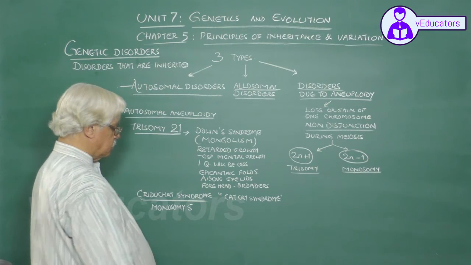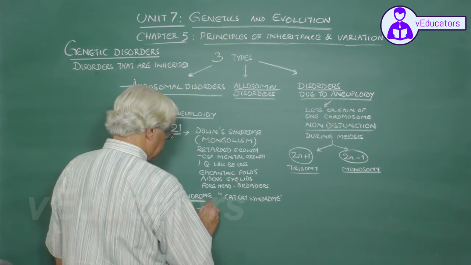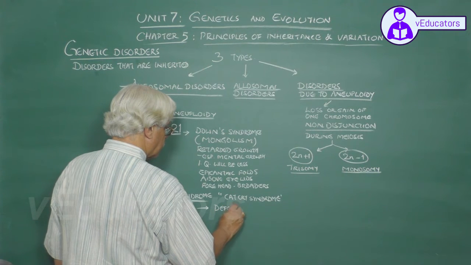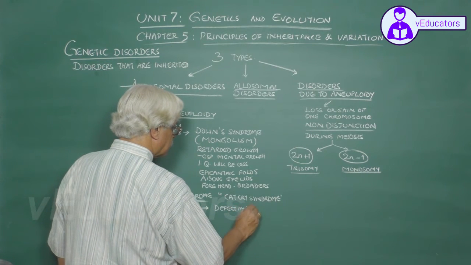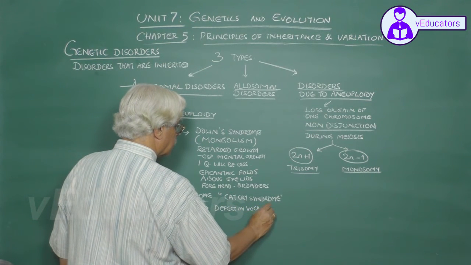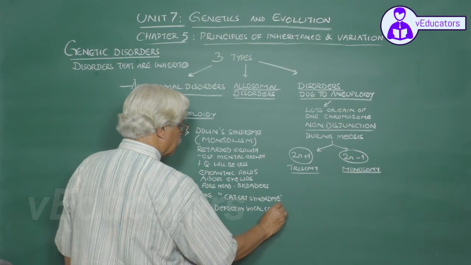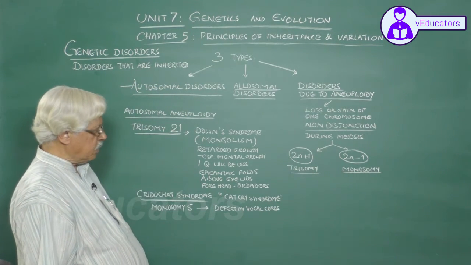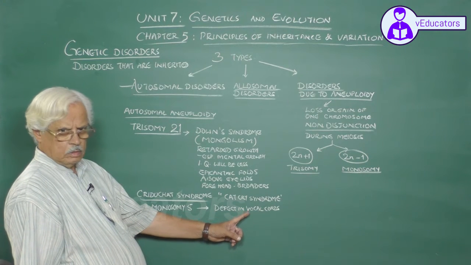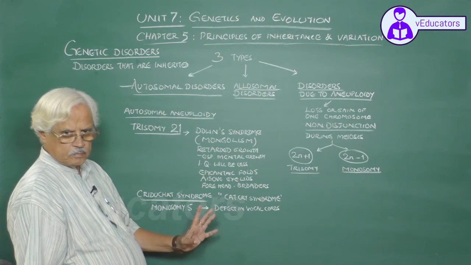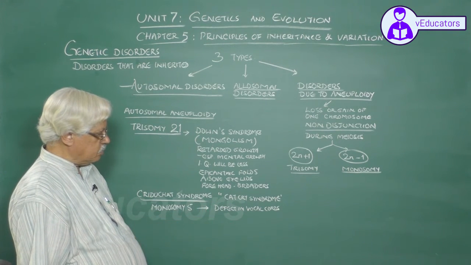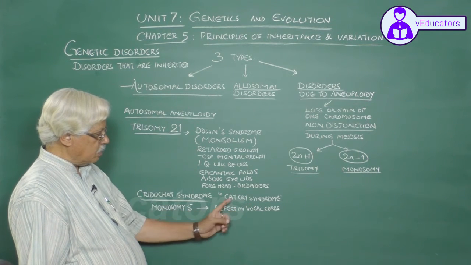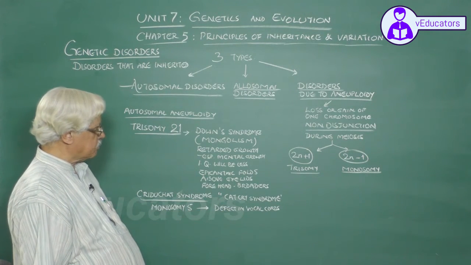And this defect particularly brings about a defect in the vocal cords, so the persons will not be able to speak clearly. The voice that comes out is peculiar, therefore it is called cat cry syndrome.